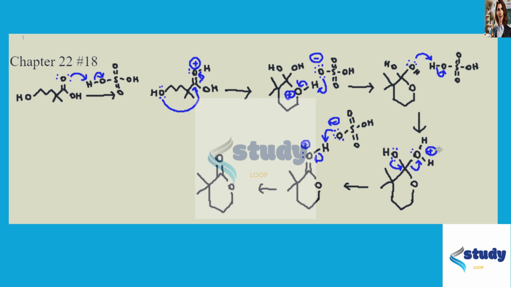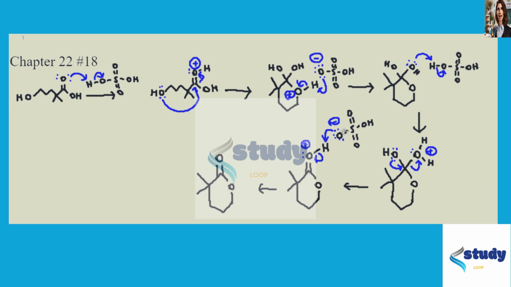Then it can leave while simultaneously one of the lone pairs on this other oxygen reattacks what was the carbonyl carbon to reform the carbonyl, the C=O double bond. That's happened here in this final intermediate.